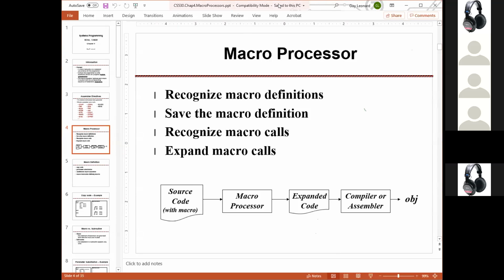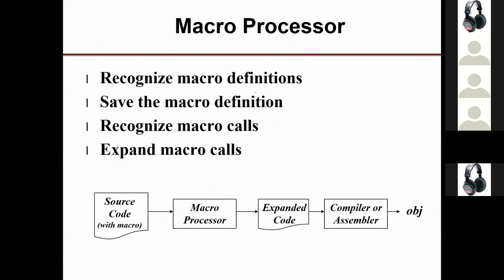Okay, so we don't have any questions, so I think we'll just go ahead and get started then. So we left off here. We're in the macros, of course, talking about macro processors.